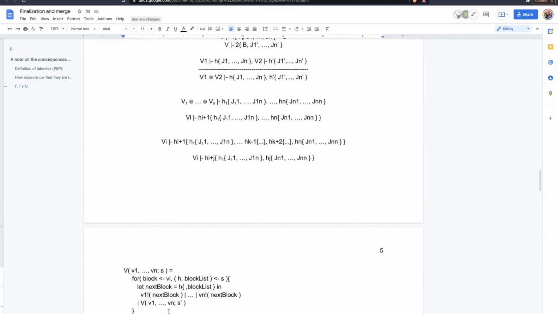Does that make sense? Yes, yes. And so this is how to do a compact, formalized correctness proof for this version of Casper.